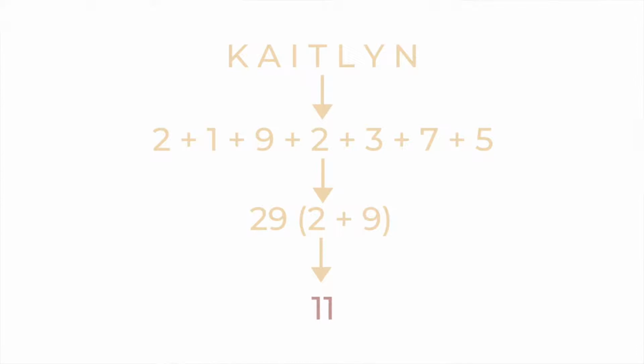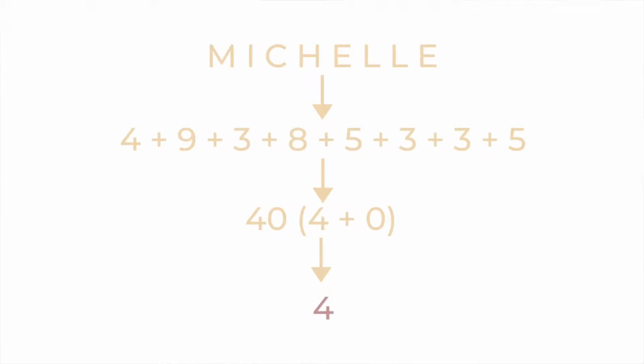If my name were instead Michelle, this is my middle name, so it's not my growth number, but let's say this were my first name. We would convert each letter so that it would be 4 plus 9 plus 3 plus 8 plus 5 plus 3 plus 3 plus 5. Adding all of that up together, we get 40.